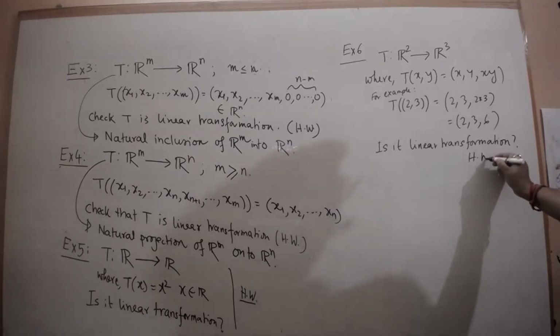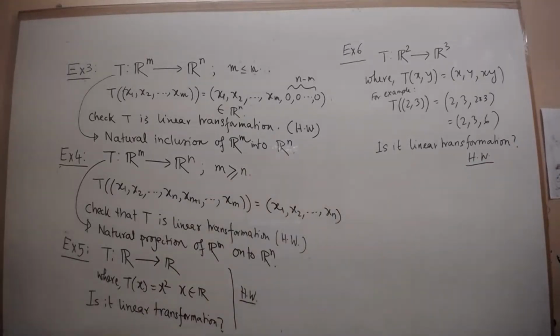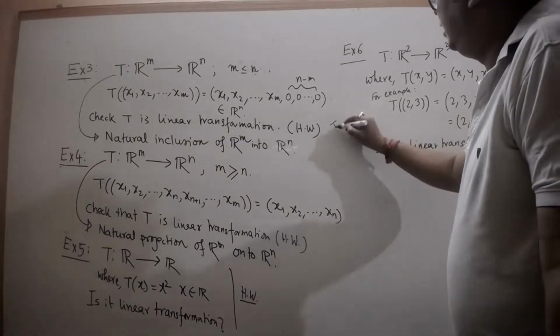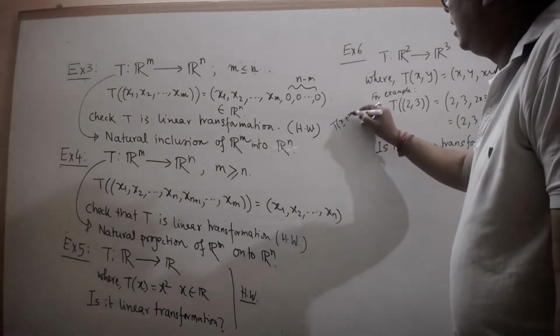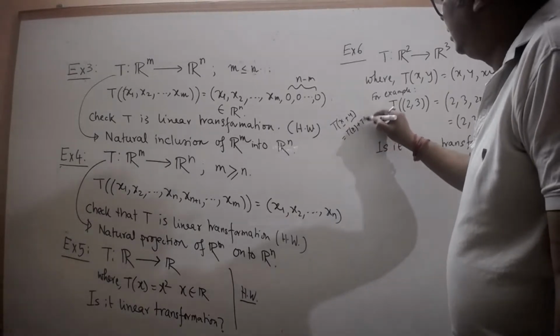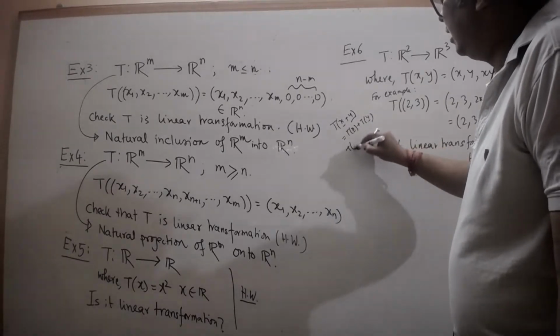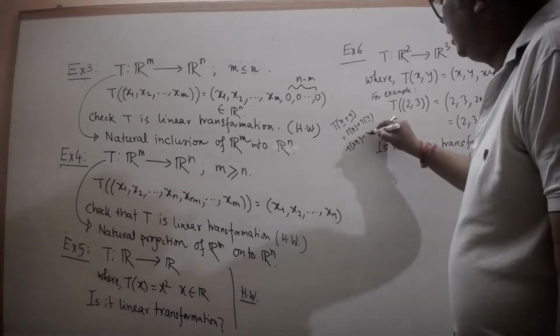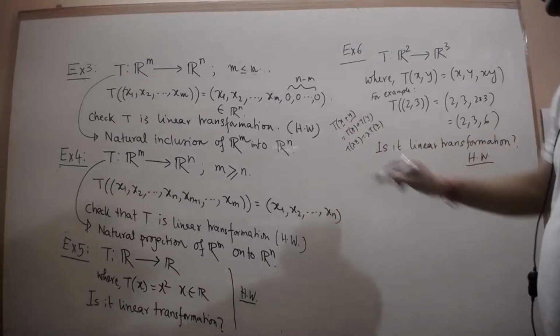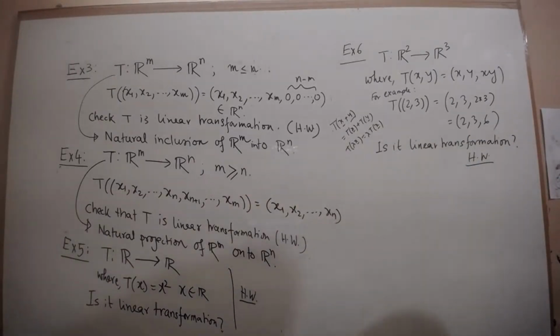Just see the property of addition, T(x curve plus y curve) is T(x curve) plus T(y curve), and another is T(lambda x curve) equals lambda T(x curve). If these two things are satisfied, then it is a linear transformation. Otherwise, not.